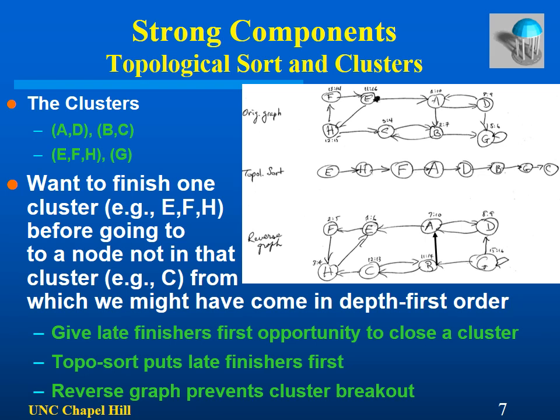In this particular case, what hasn't been done in the topo sort, we've dealt with B, but we haven't dealt with G, and so we have to deal with G. G opens at time 15, closes at time 16, and it's done.